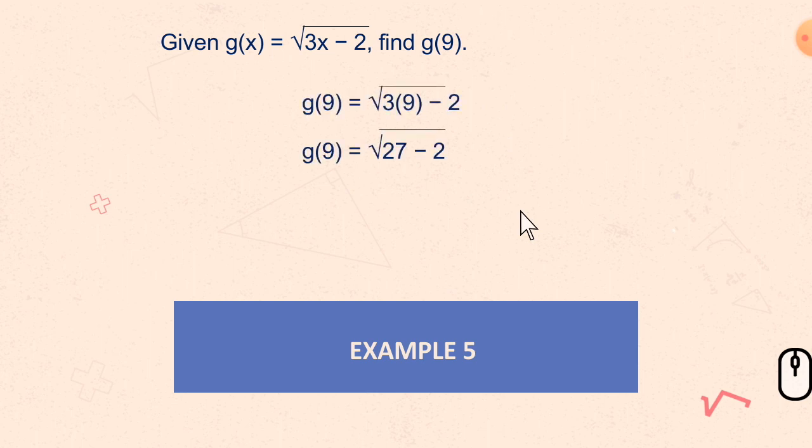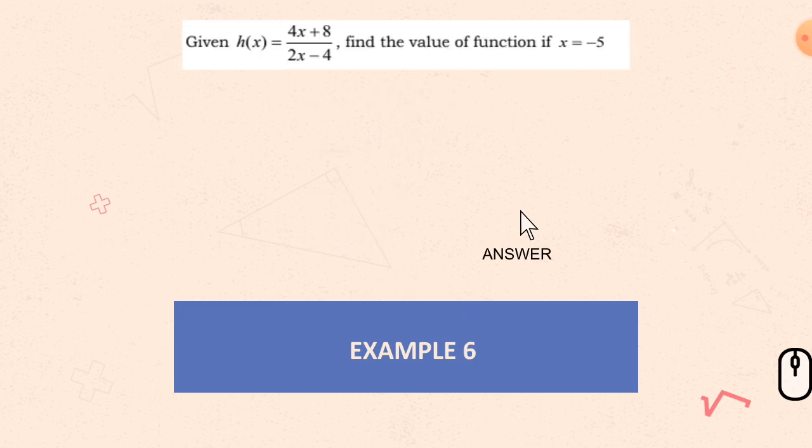Next, 3 times 9 is 27 minus 2. 27 minus 2 is 25. And then get the square root of 25. Therefore, the g of 9 is equal to 5.